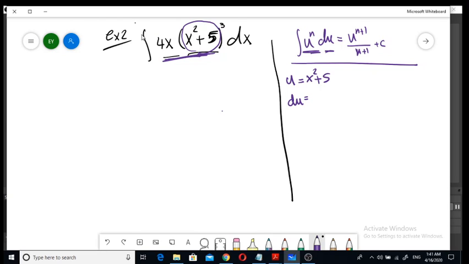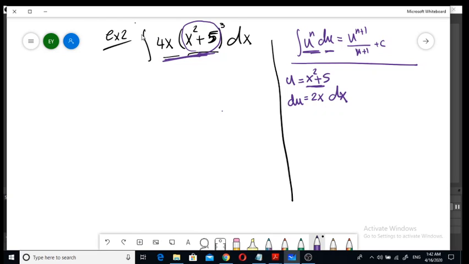Then the derivative of this u is going to be 2x. Don't forget dx. So du, which is the first derivative of u, is going to be 2x dx.